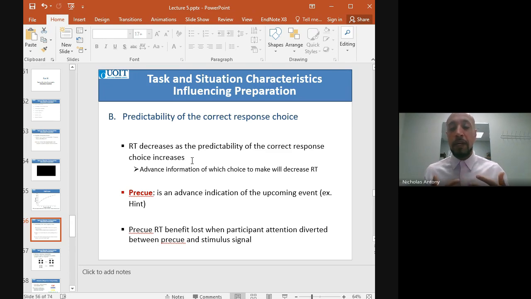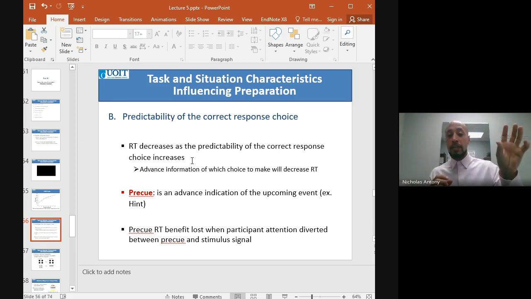It's almost like anticipation, except it is allowing for processing to occur before the stimulus is presented. So it allows for early preparation or early action preparation. Interestingly, if you took a participant and altered their attention, made them concentrate on something else, the reaction time would revert back when the stimulus happens.